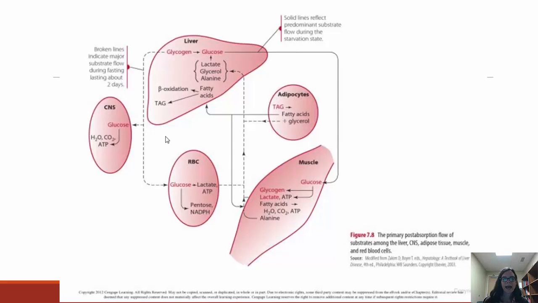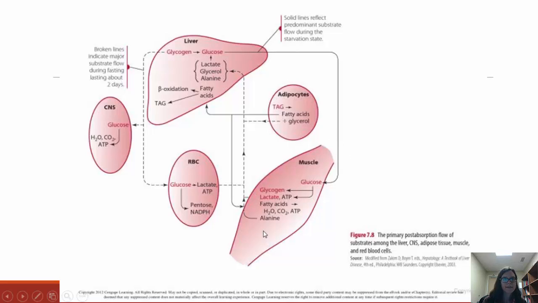Okay, and then this is how our macronutrients are primarily utilized in the post-absorptive phase. So again, let's focus on the amino acids, on the proteins. So in this graphic, the broken lines indicate the major substrate flow during fasting, and the solid lines reflect the predominant substrate flow during starvation state.